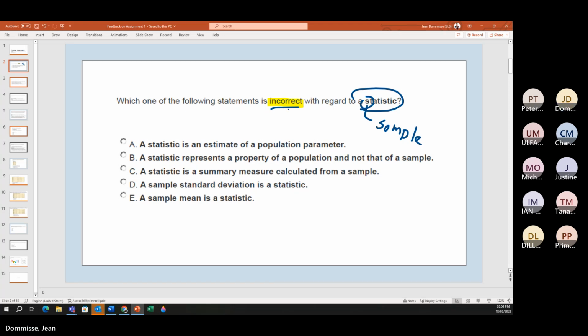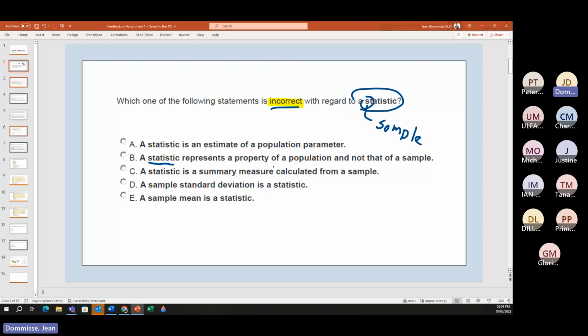Okay. A statistic represents a property of a population and not that of a sample. This one is interesting, because that one is definitely incorrect.